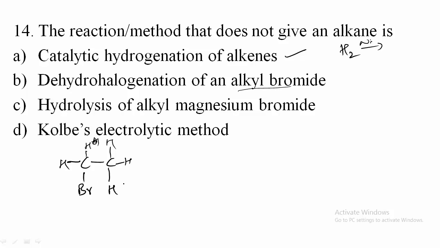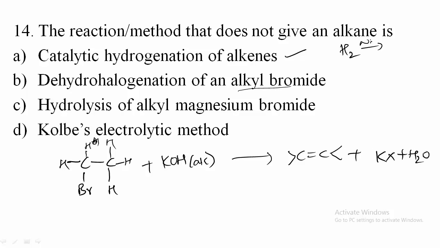When it is treated with alcoholic KOH or potash, then we will get C double bond C along with KX plus water. This is said to be dehydrohalogenation, because hydrogen and halogen are both removed. So dehydrohalogenation of alkyl bromide will give alkene.